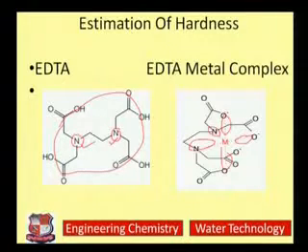Knowing the amount of EDTA used in this titration, we can determine from the molar ratio or equivalent ratio the amount of hardness causing metal cation, and in this manner quantitative estimation of hardness can be done.